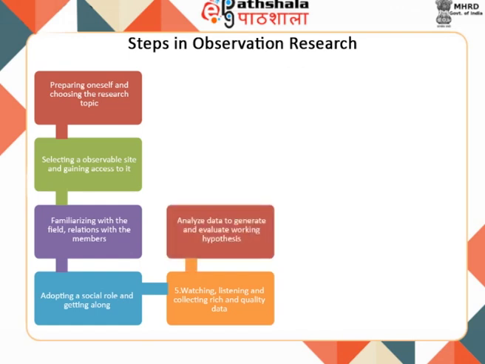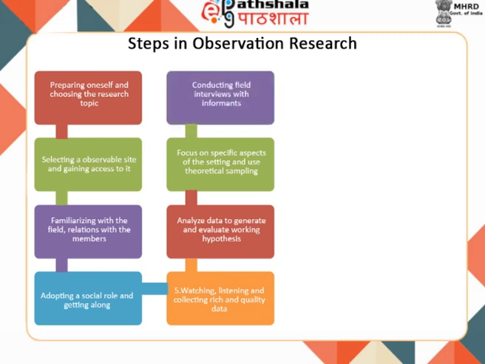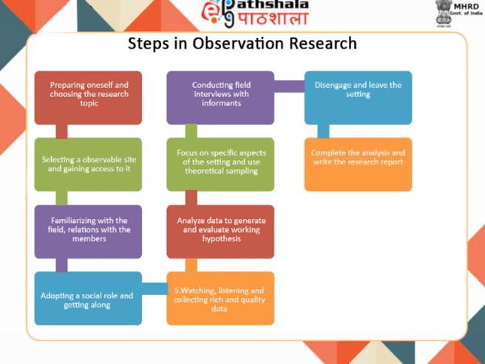Sixth, analyze data to generate and evaluate working hypotheses. Seventh, focus on specific aspects of the setting and use theoretical sampling. Eighth, conducting field interviews to supplement observation with informants. Ninth, disengage and leave the setting. Tenth, complete the analysis and write the research report.